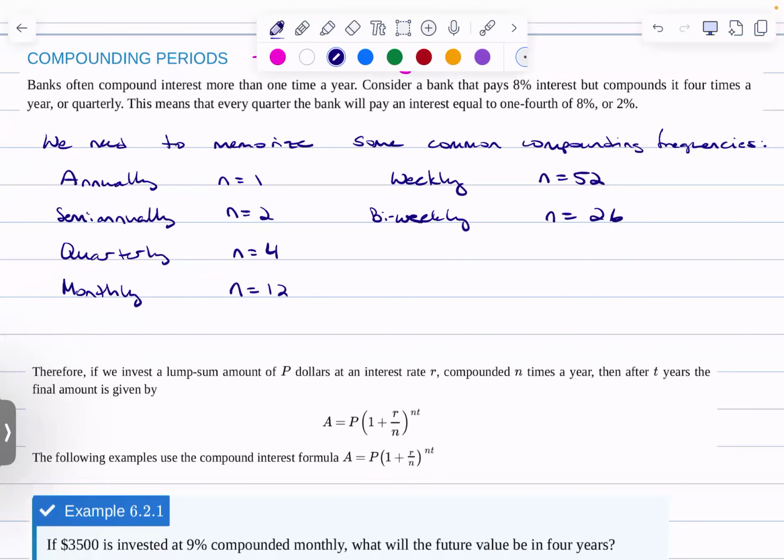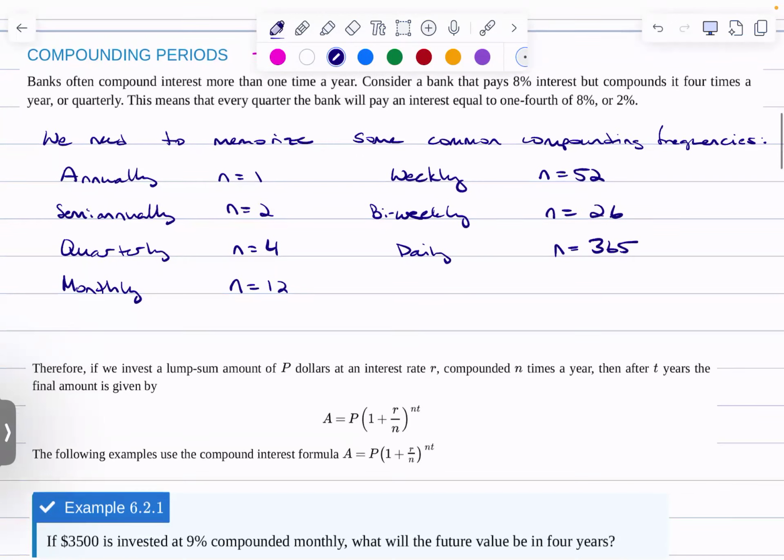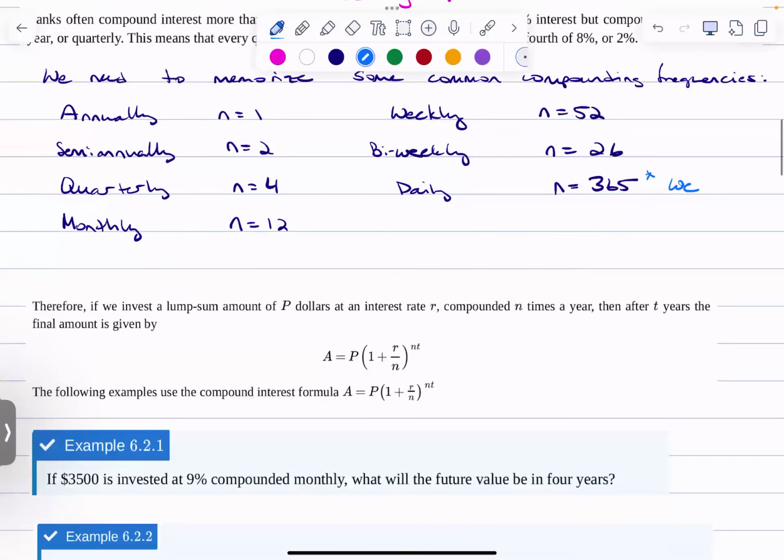And let's see, am I forgetting any? 52, 26. I guess those should have been reversed. Oh well. And let's get to daily. We assume that there's always 365 days. We assume n equals 365 for daily.